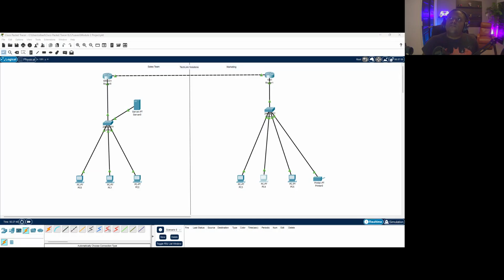So let's talk about the configuration of router 0. On that one, I basically did the interface with a gigabit Ethernet, entering in the IP address, which was 192.168.0.1 with its own subnet mask.